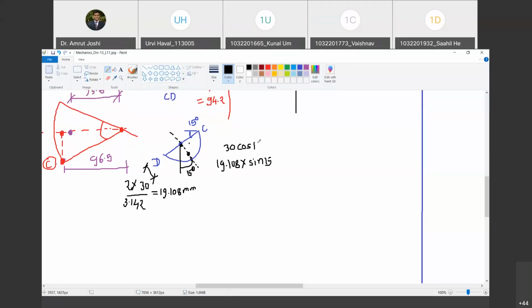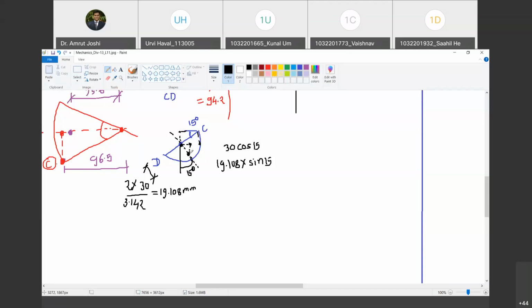Happy? Yes. So now from this 30 cos 15, which is the horizontal component of this distance, if I subtract the horizontal component of this distance, I get the distance between point C and this point.